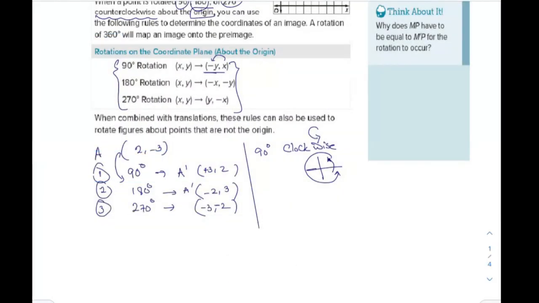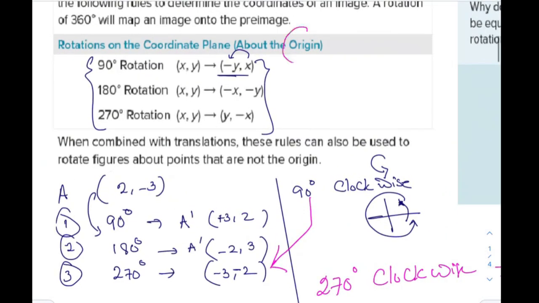So that means you are going to apply this rule. Similarly, if you want 270 degrees clockwise, this is equivalent to 90 degrees counterclockwise. All these rules apply when you are rotating about the origin.